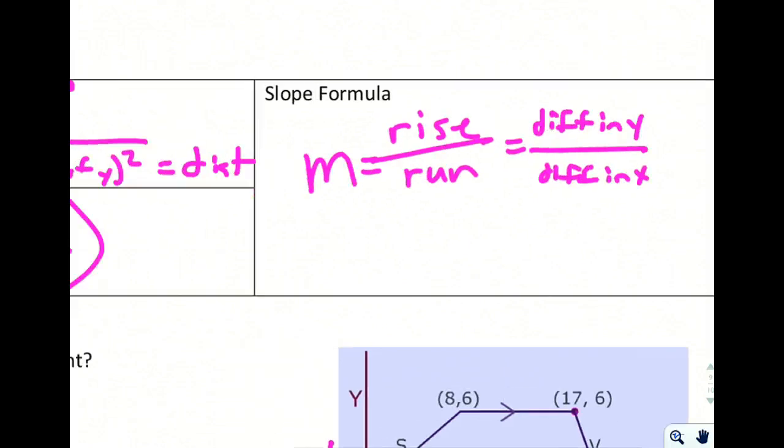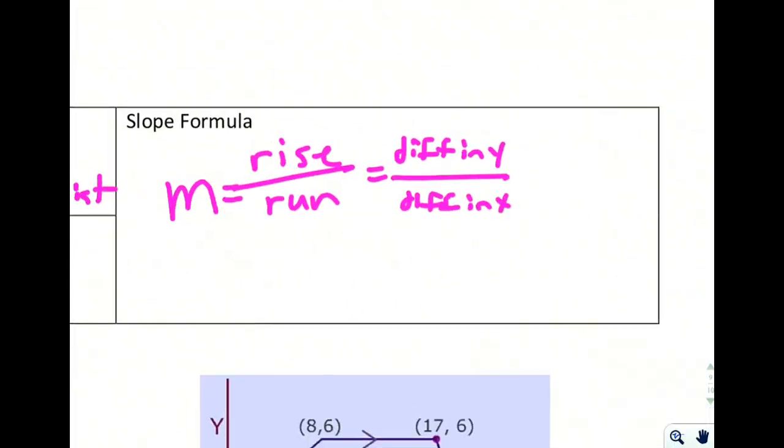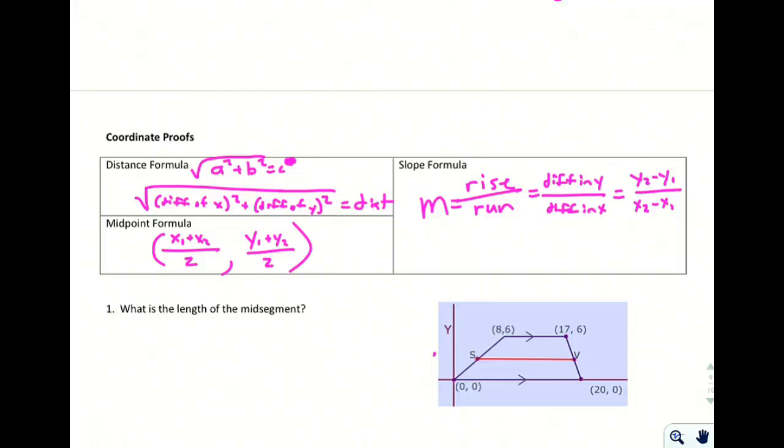So if you're already taking your difference in y's and difference in x's for your distance formula, you get to reuse them in your slope. Put the difference in the y's on top, differences in x on the bottom. You may also see this written like this if you feel more comfortable with this form. So you want to use these three basic tools, slope, distance, and midpoint, to do your coordinate proofs. That should be enough information to solve pretty much anything.